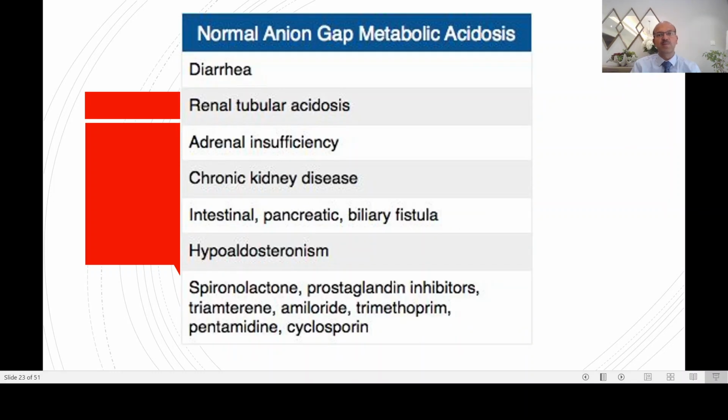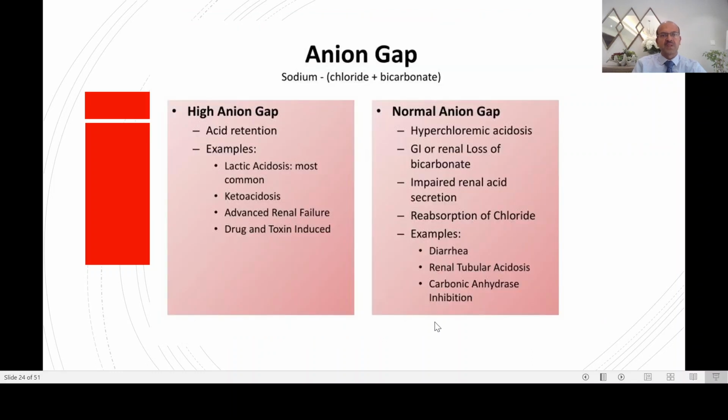And we have normal anion gap metabolic acidosis like diarrhea, renal tubular acidosis, adrenal insufficiency, chronic renal disease, and intestinal, pancreatic or biliary fistula losses. Other causes are hypoaldosteronism, and drugs such as spironolactone, prostaglandin inhibitors, amiloride, trimethoprim, and so on.